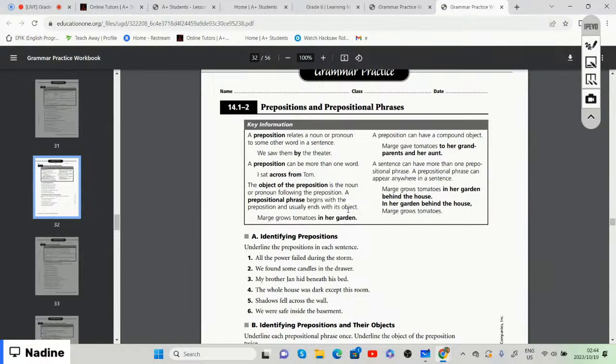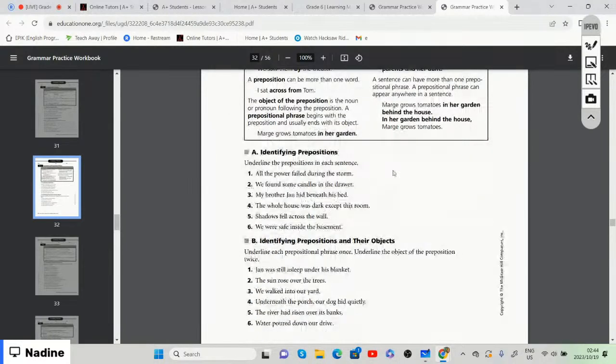So now we're going to identify prepositions within this activity. And remember, we said we are on A plus classes.ca. We're going to underline the preposition in each. Identify and underline. All the power failed during the storm.